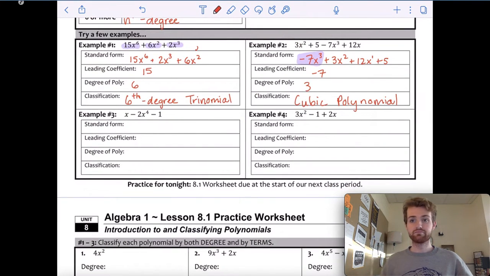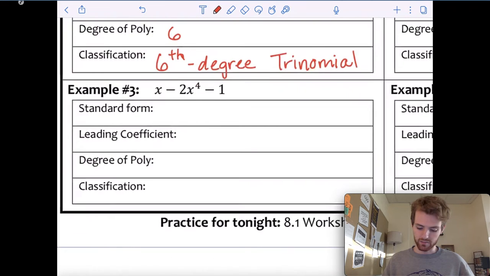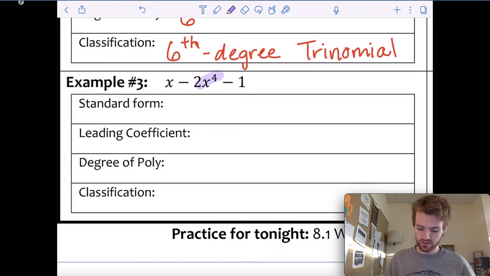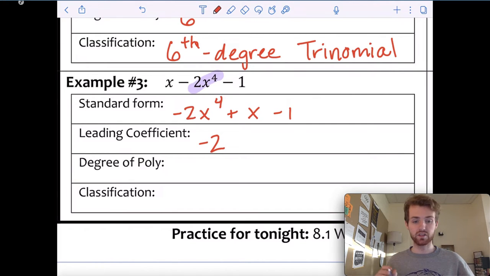2 more examples, then we're done. Okay, same thing, starting with the biggest, then the next biggest, then the next biggest. Leading coefficient is that number, -2. Degree of polynomial is 4. We're going to want to start memorizing those lists of classifications.